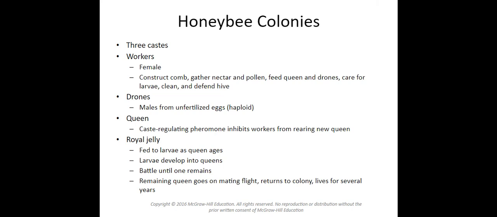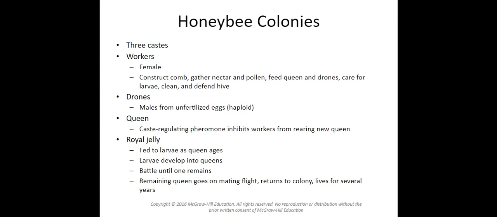They will actually do some moving around, so that way you get that change of genetic information. Then there's the queen. She releases that royal jelly, that caste regulating pheromone, and that keeps all the other females from rearing into a new queen. So the royal jelly is fed to the larva as the queen ages. So she'll feed the baby females this royal jelly and they'll start to develop into queens. So at first there's more than one. And they will actually fight because there can only be one queen.